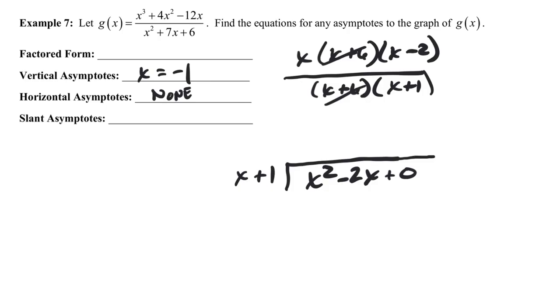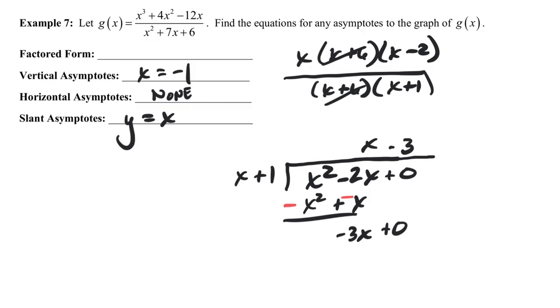So then I go over here, I put my x, I multiply x squared plus x, change the signs, get -3x, bring down the 0, and then I put -3, and I'm not even going to do any more because that is going to be my slant asymptote. So I go y equals x minus 3.